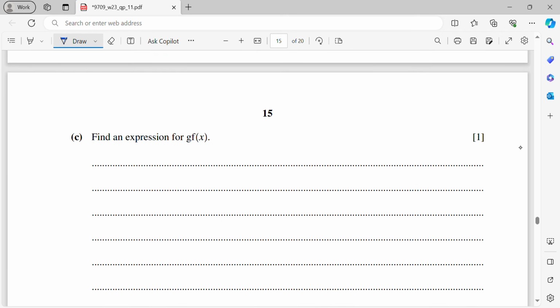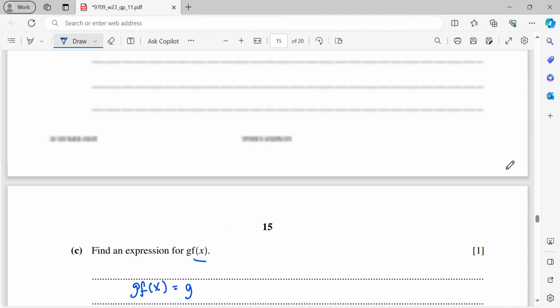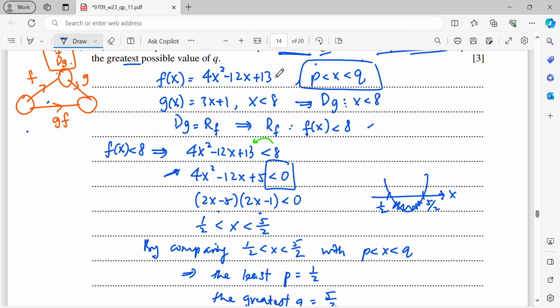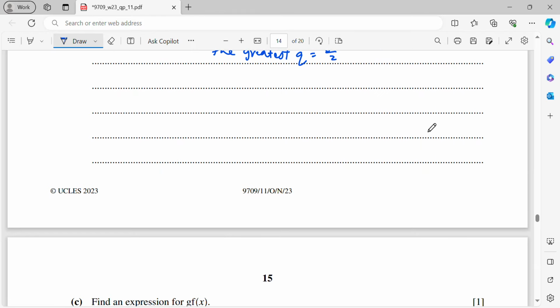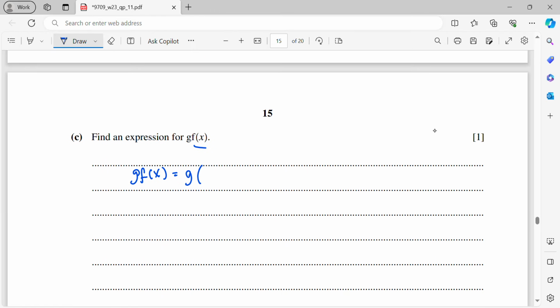Now, find the expression for gf. So gfx is g of my fx. Go back to the fx, it is a quadratic. Just copy this: 4x squared minus 12x plus 13. Just now our gx is 3x plus 1.